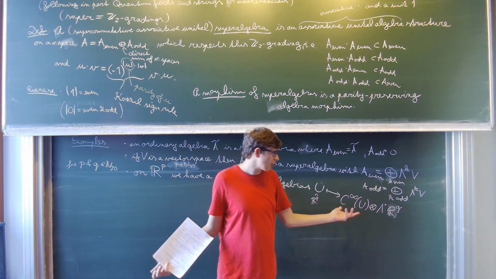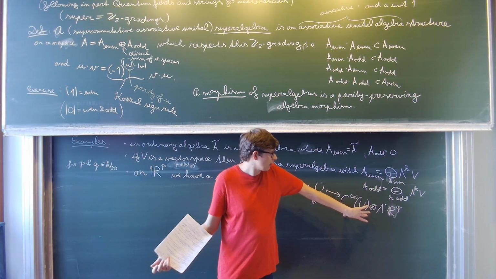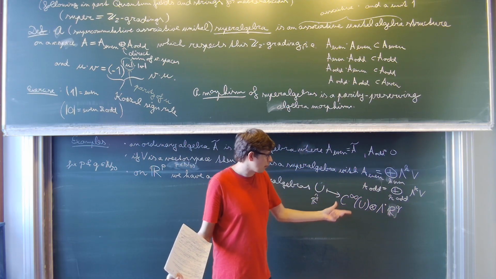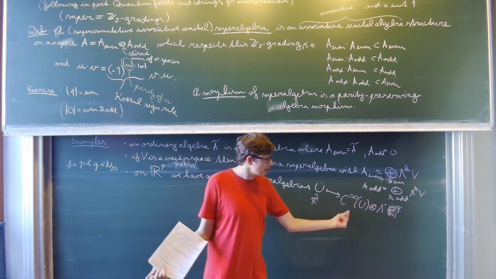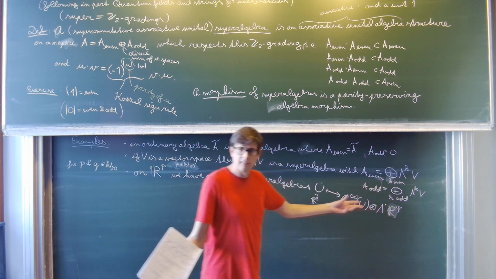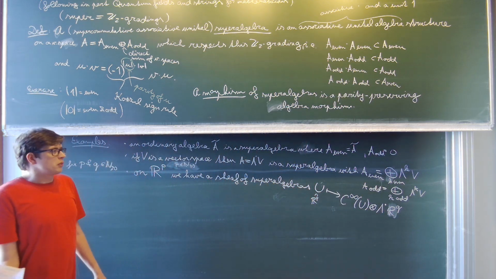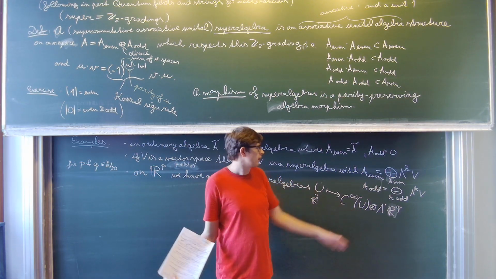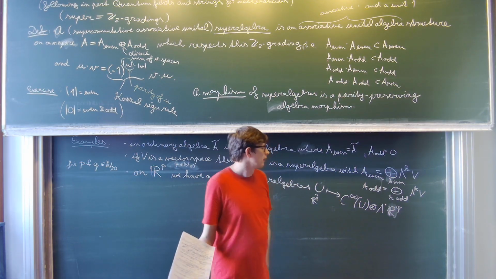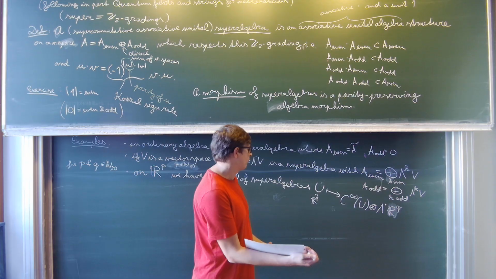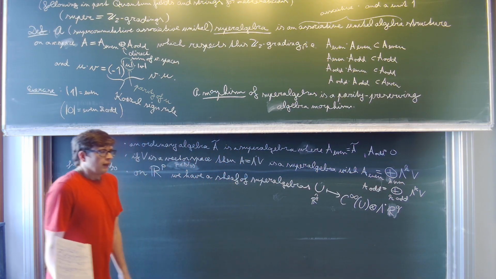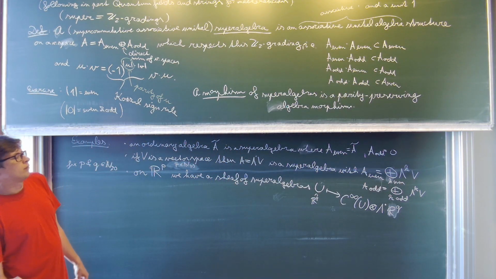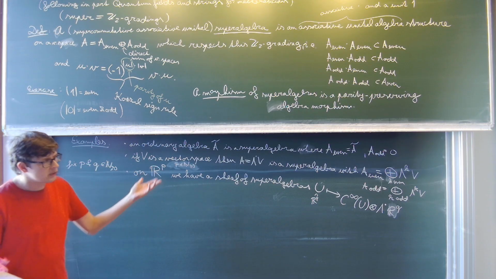How do I multiply two such things? I multiply the functions and I multiply the exterior parts. Is it clear how this is an algebra? And the restriction map is obvious.